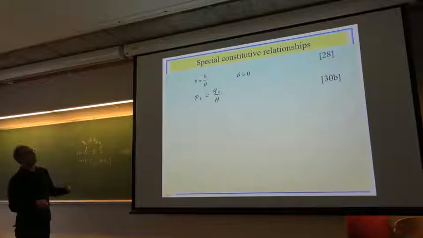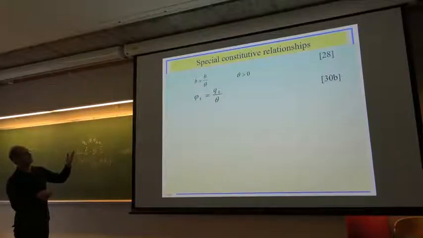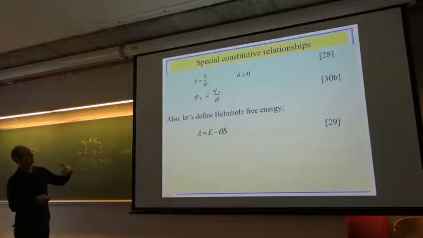I then introduced the same sort of constitutive relationships we had for a single phase material, and defined the production of entropy because of the production or supply of energy. The flux of entropy is related to the flux of heat, and we define the Helmholtz free energy.